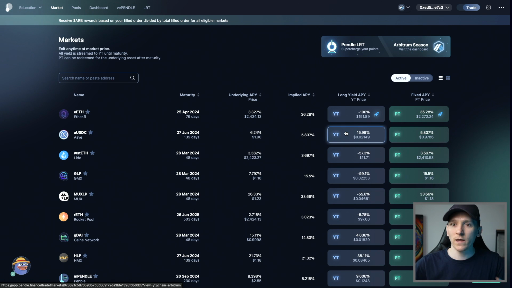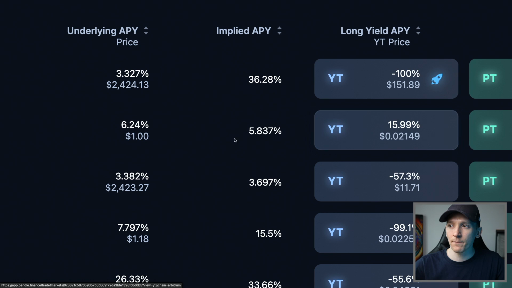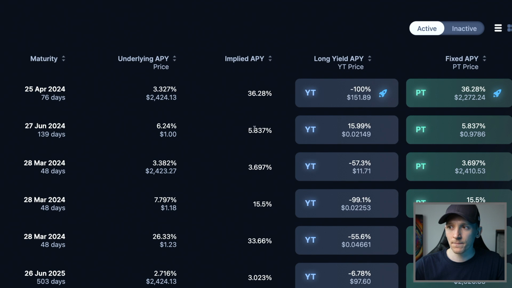So let's say we bought the yield token and the current implied rate is 5.8%. So we get all of that yield. And if the yield goes up and the implied yield in the market goes up to say 6.8%, that means that token is yielding more money. So that's great for us because we have the yield token, which means we have the rights to all of the income that accrues to that token over the 100 days.